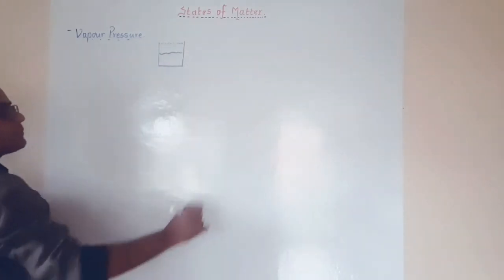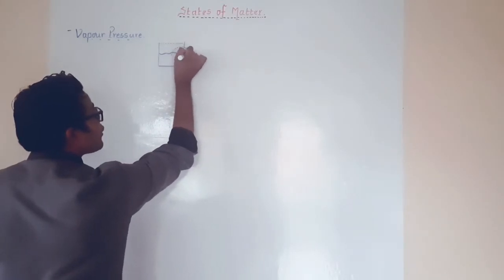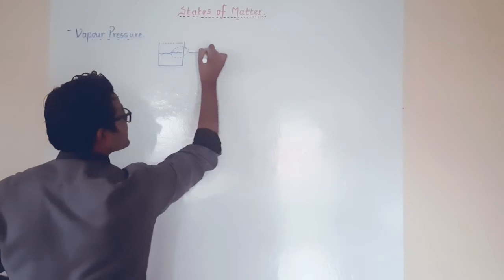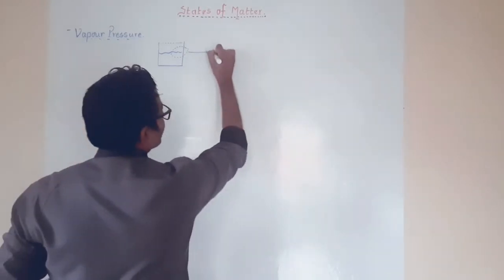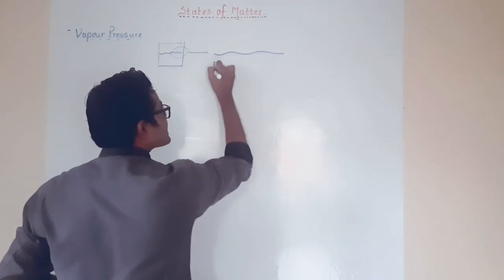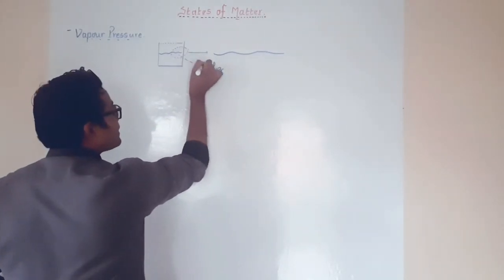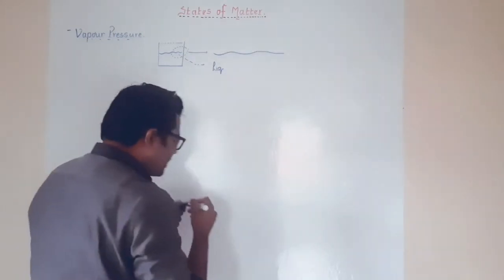When we observe this section, we are going to see that there is a layer of liquid, and on top of this liquid layer, of course, what do we have?